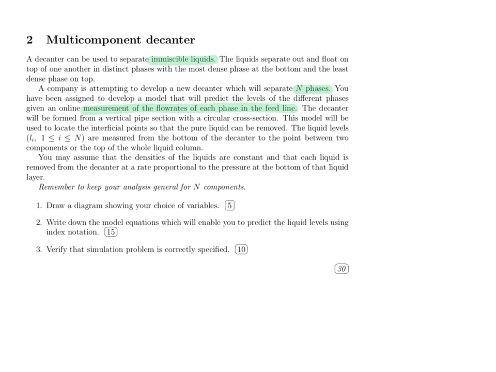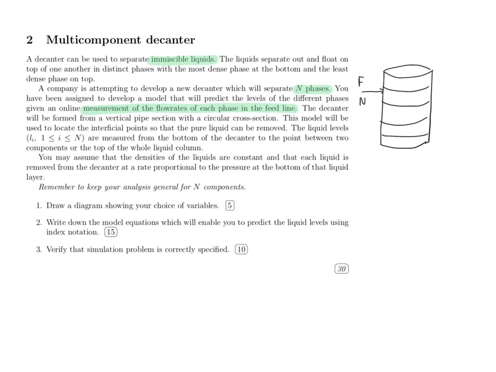So I'm just looking at this and saying, okay, so there's going to be a feed, and it's going to have n components, and it's going to be coming into some kind of a vertical pipe with a circular cross section, and all of these different layers of liquids are going to be lying one on top of one another. Right, so that's basically what they're saying. Okay, so the decanter will be formed from a vertical pipe. Right, that's what we just did.